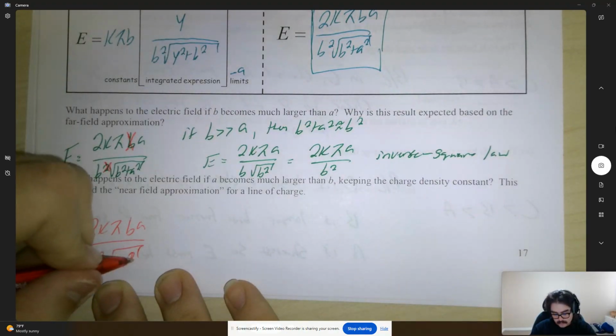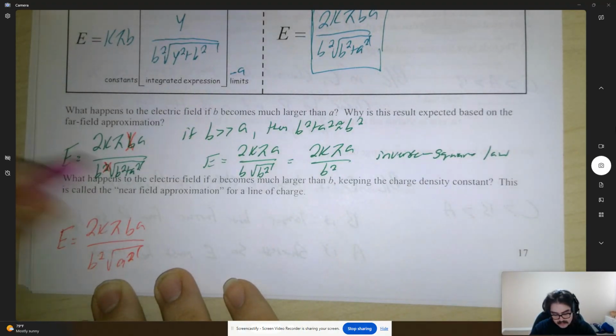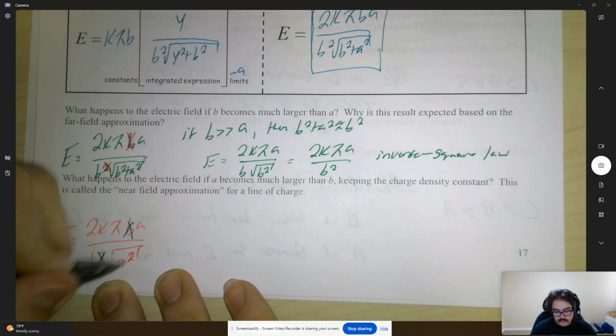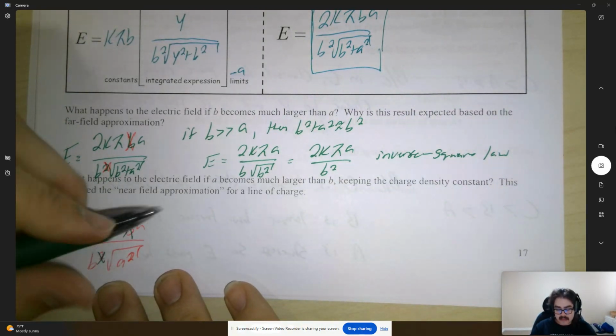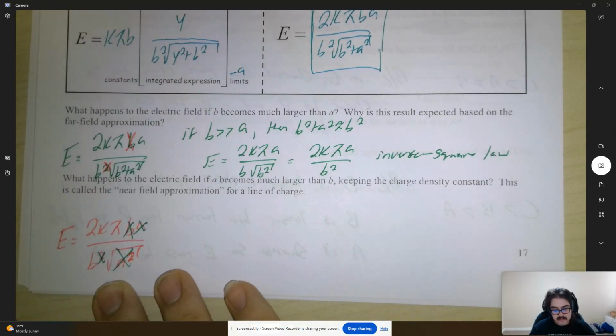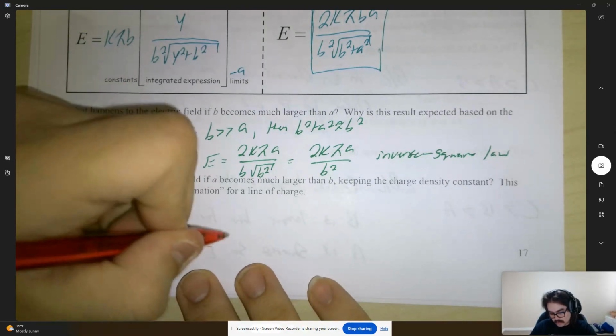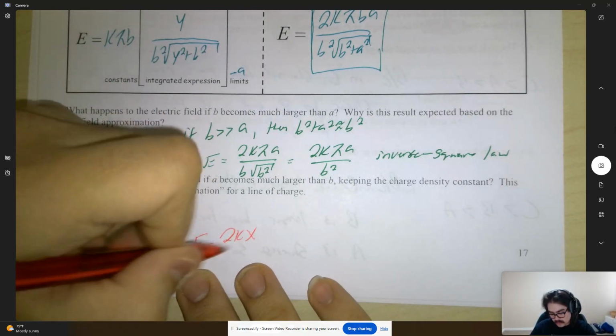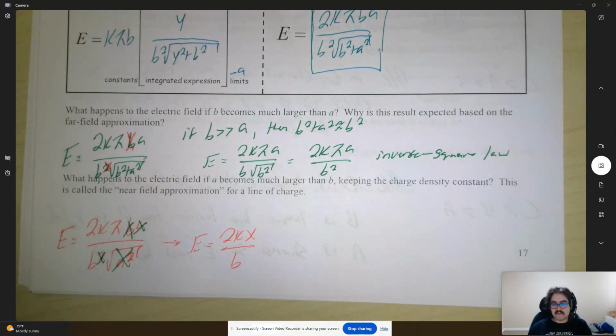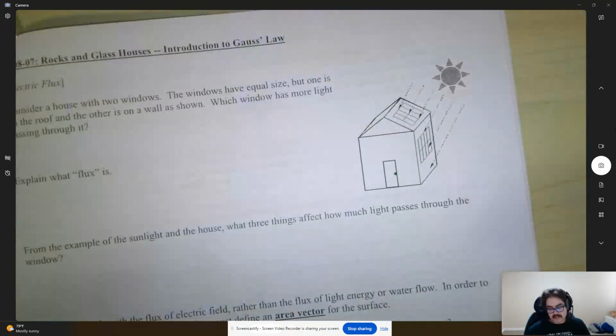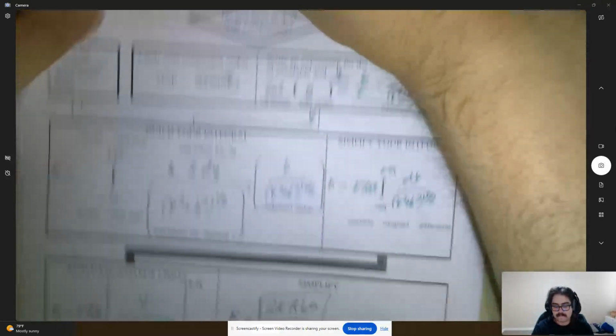These b's still cancel out, and then root a squared just gives you a, and the a's will cancel out up here. So then you would just get E equals 2k lambda over b, and it's just inversely proportional. There is no inverse square law that happens there. It's just inversely proportional.